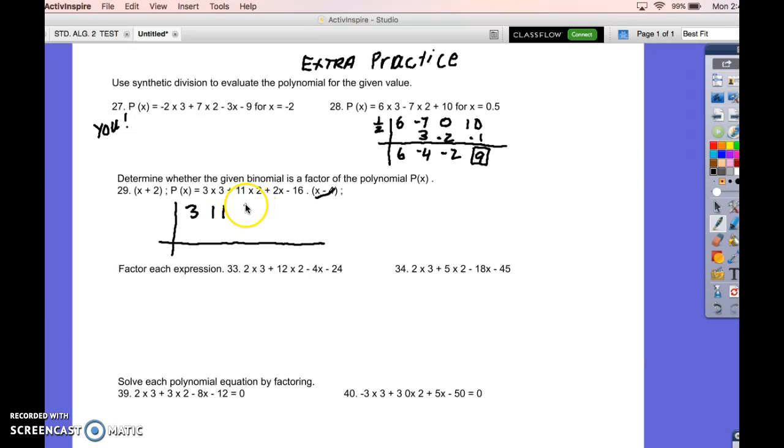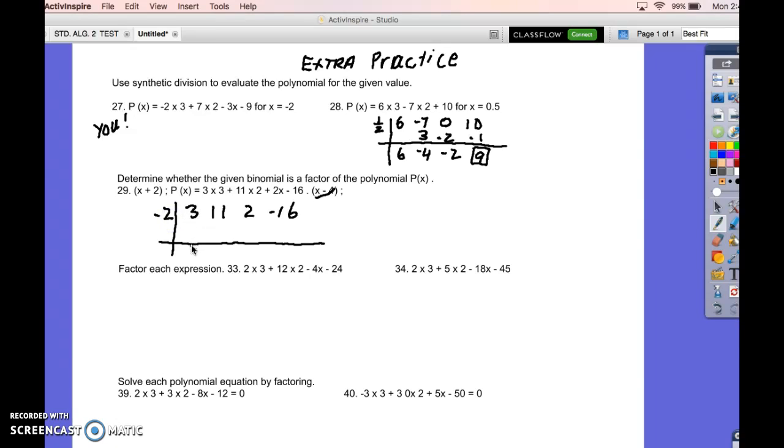Then 2. Then negative 16. Since we're testing this x plus 2 to see if it's a factor, what we want to do is we want to use x equals what? X equals negative 2, because negative 2 would make the 0. So you have to be just watchful here and put your negative 2 over here.